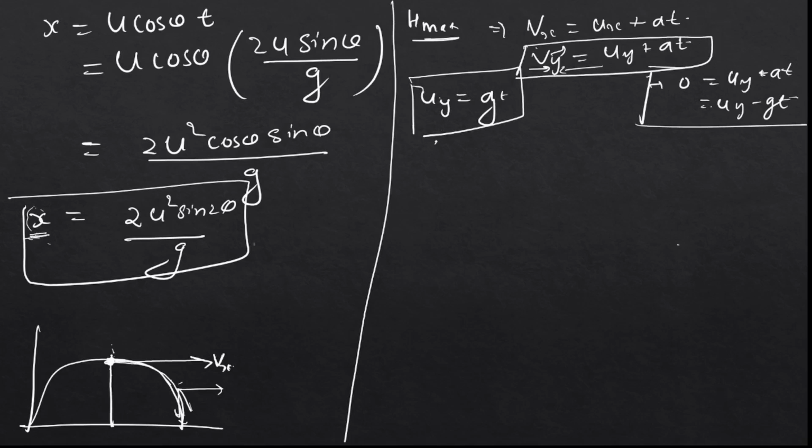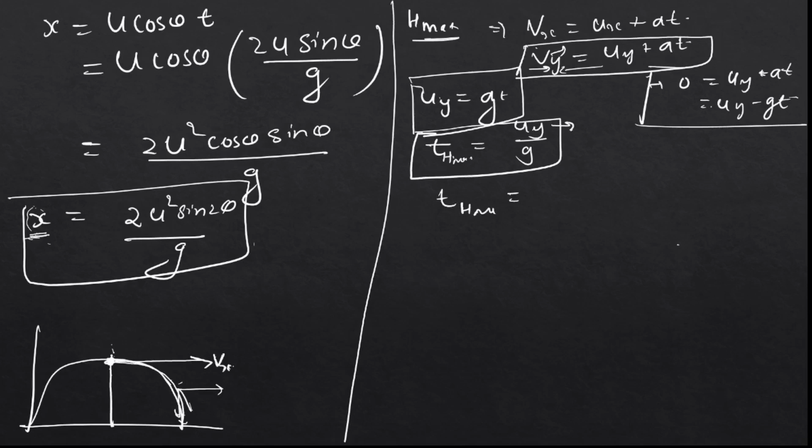So from here, this is the time at maximum height. That means the total time this projectile will take to reach from here to here, it is not the time of flight, this is the time taken to reach maximum height, and that will be uy upon g, right? This is the time the body will take to reach maximum height. I am repeating again and again because this is very important.